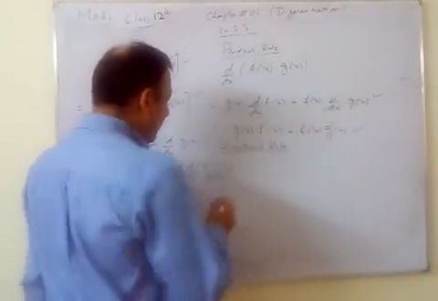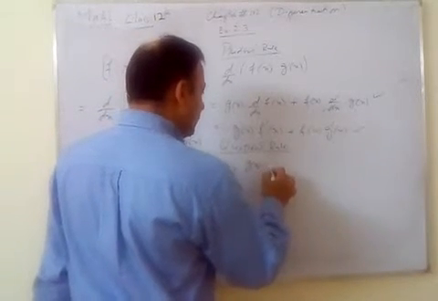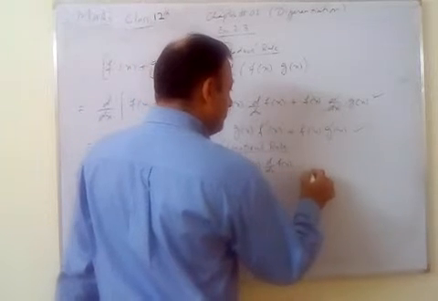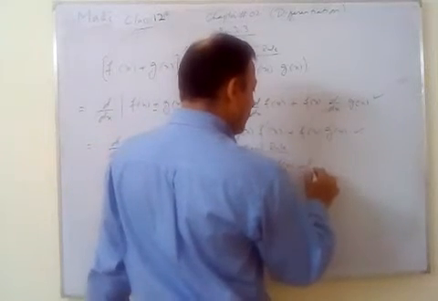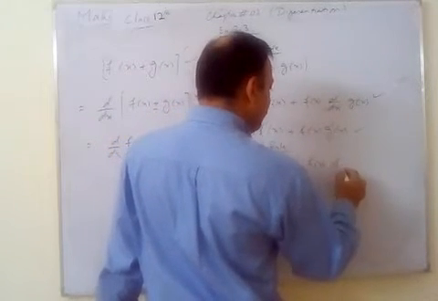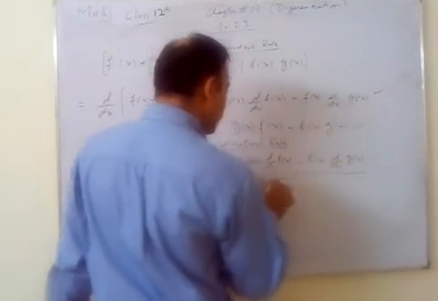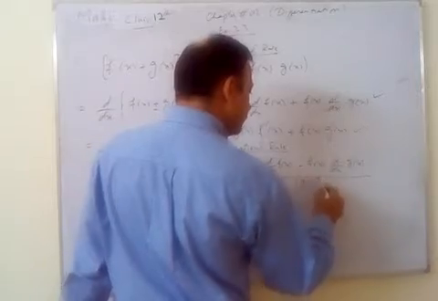Here, in this case, second function times derivative of first function, minus sign (here we use the plus sign for the product rule), this minus sign, first function times derivative of second function, whole divided by square of second function.